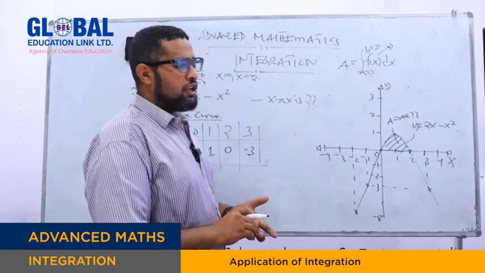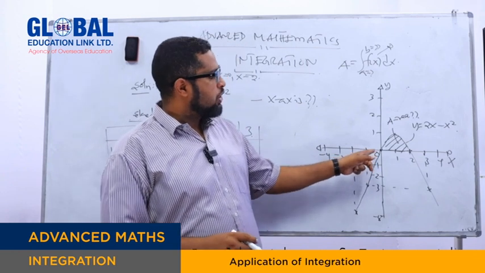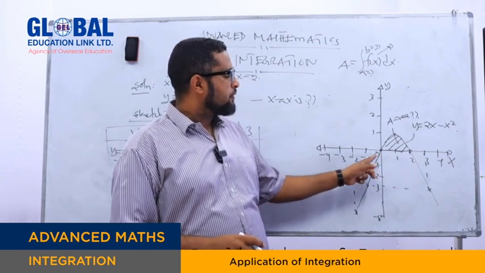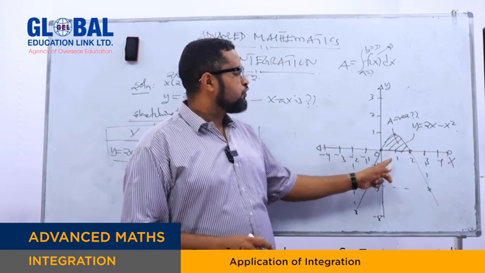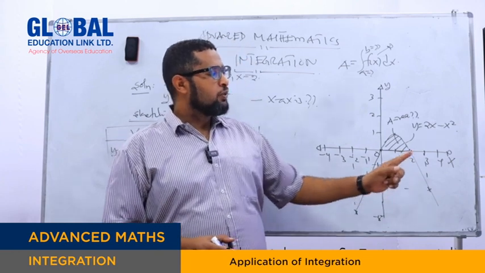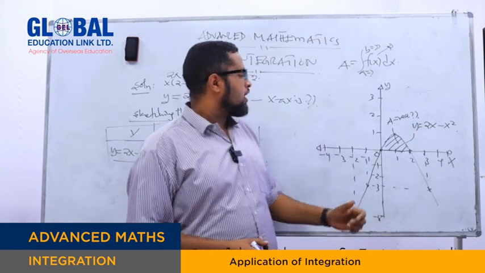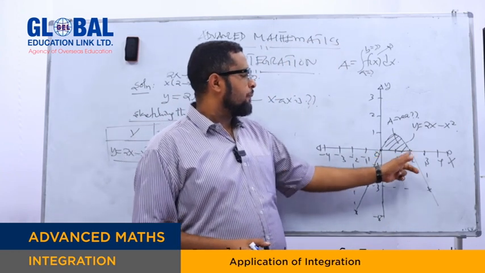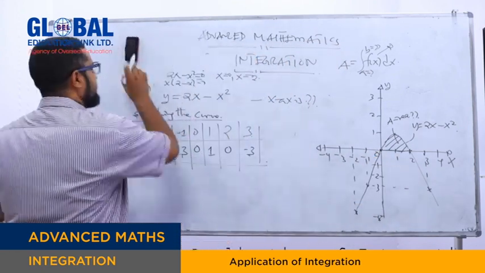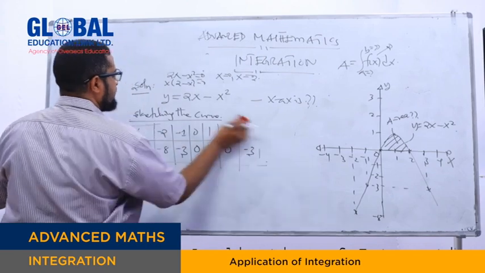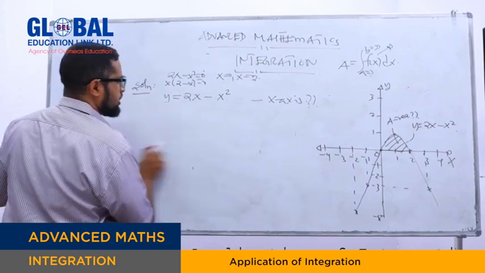So from there, you have seen that we are going to integrate from 0 up to 2. But in the question, we were not given the limit. But after sketching, now we observe it is from 0 up to 2. Now let's integrate the function.